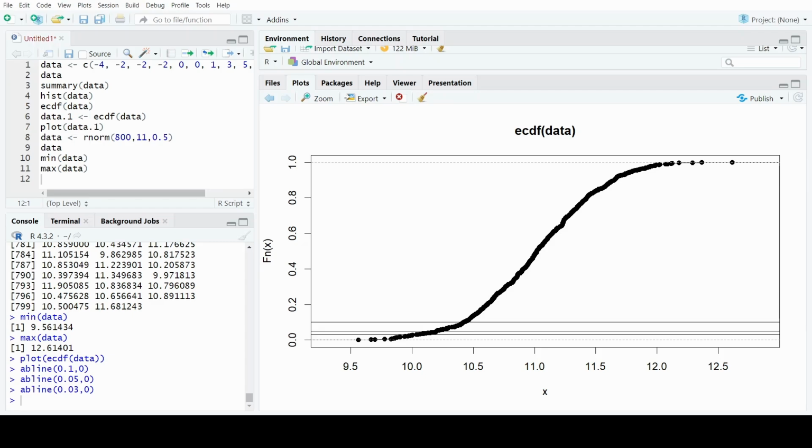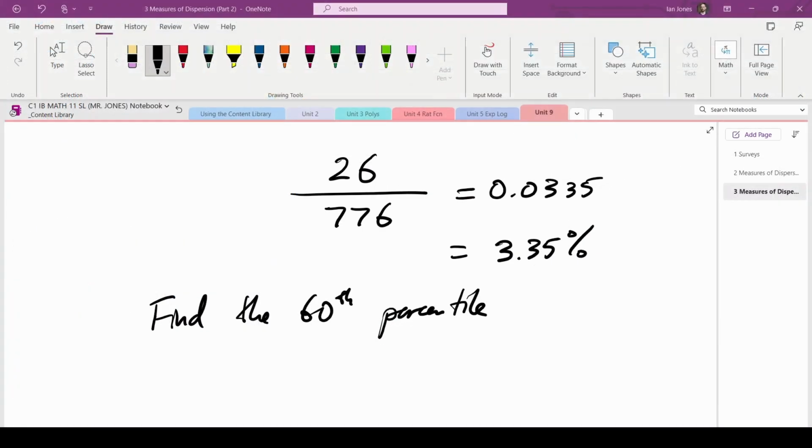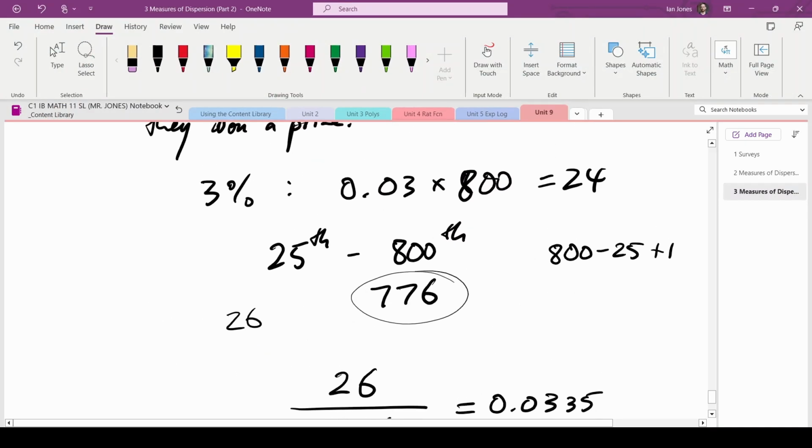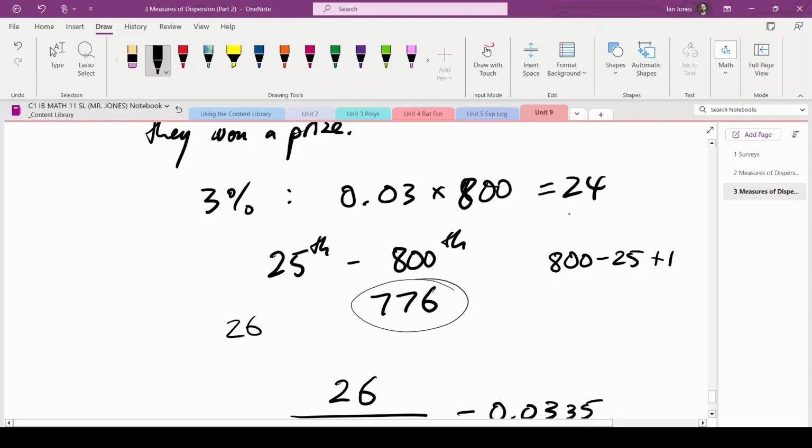Find the 60th percentile. Okay, so we'll come back over. Oh, I just did all that without showing you. Sorry, here's the work I did in OneNote. So I just said that this person came in between 25th and 800th, because the 3% that had a time faster than 10 seconds makes the first 24 finishers.